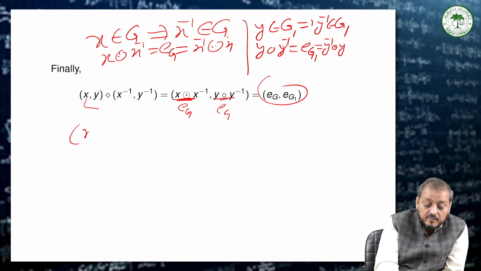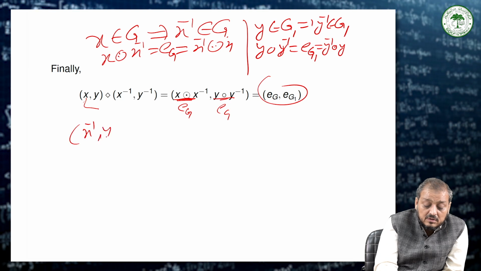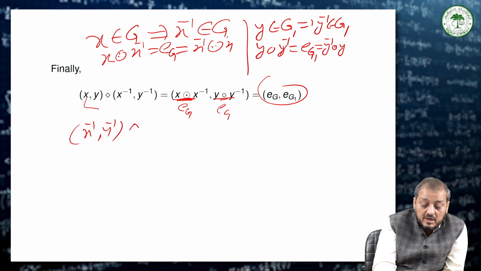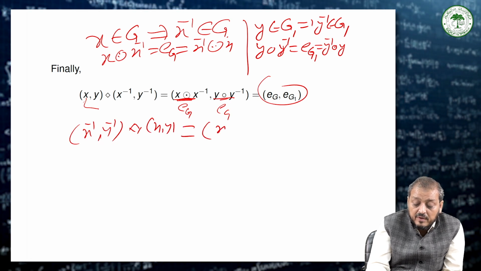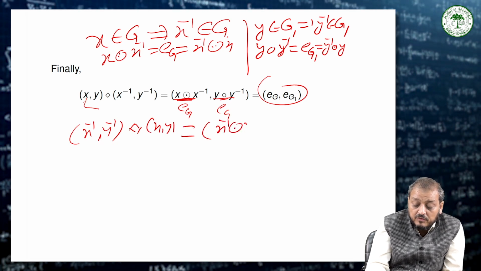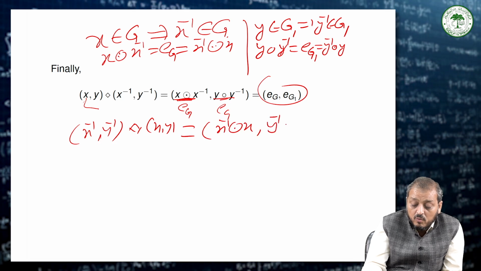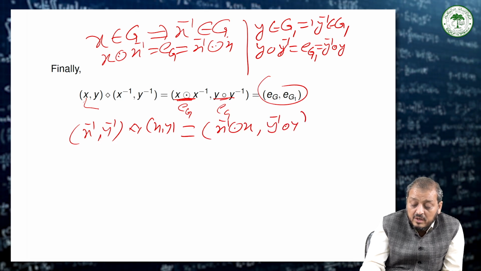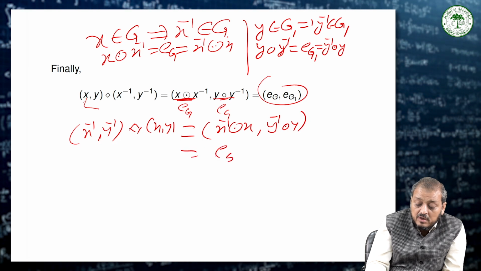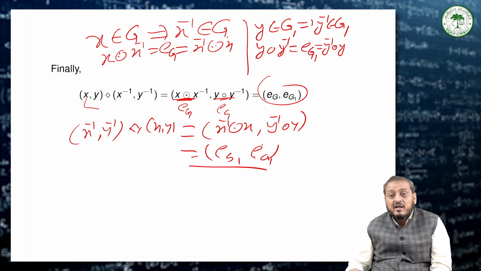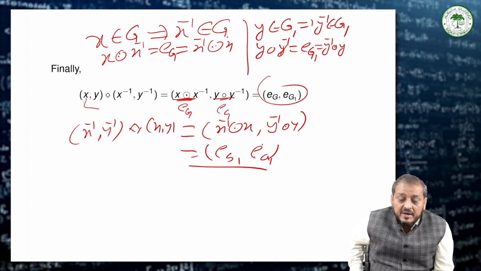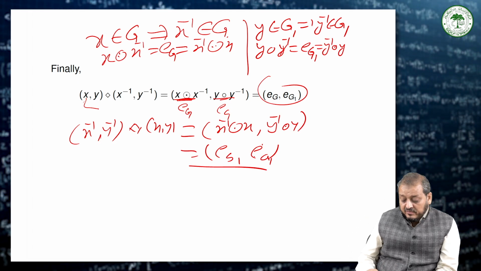Similarly, if you take (x inverse, y inverse) diamond (x, y), it is the same as x inverse circle x, and y inverse circle y, and this is again e_G, and this is again e_G1. That means we can say clearly that the identity element exists here.